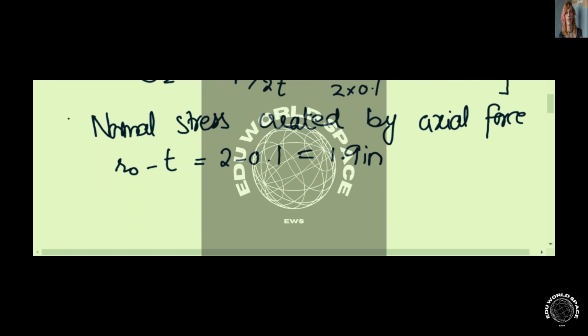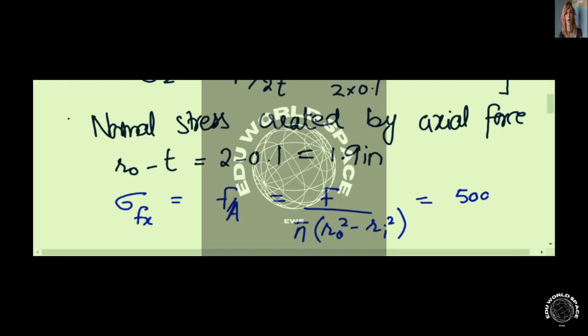The normal stress would be equal to F divided by A, where F remains the same, and for the area, R naught squared minus Ri squared, that is equal to 500 divided by pi times 2 squared minus 1.9 squared.